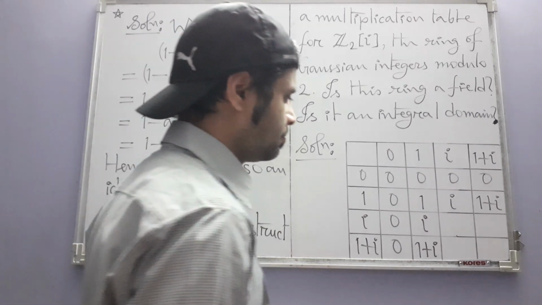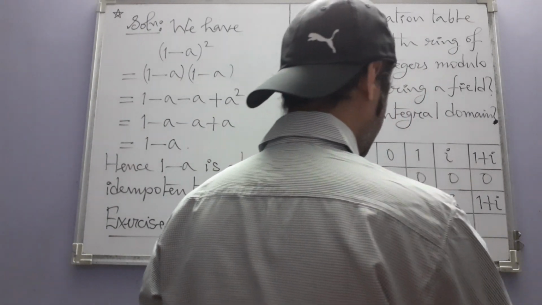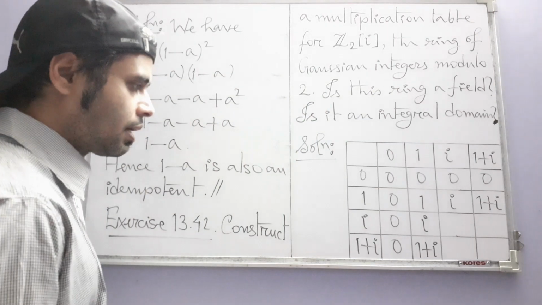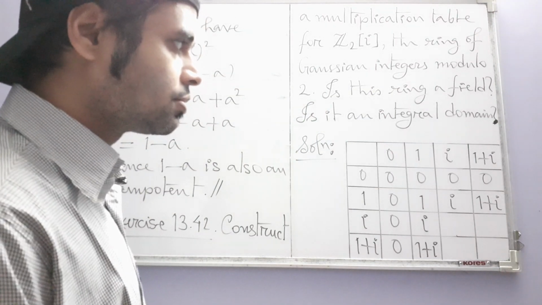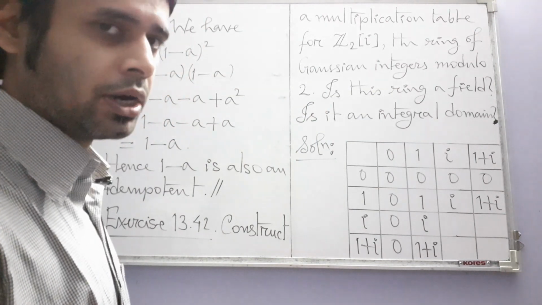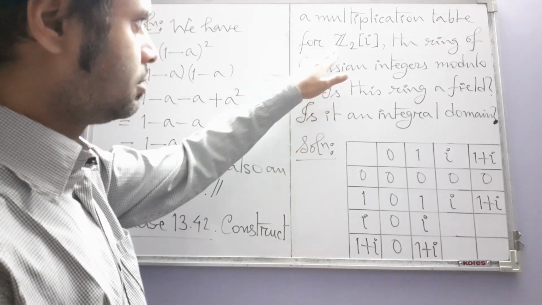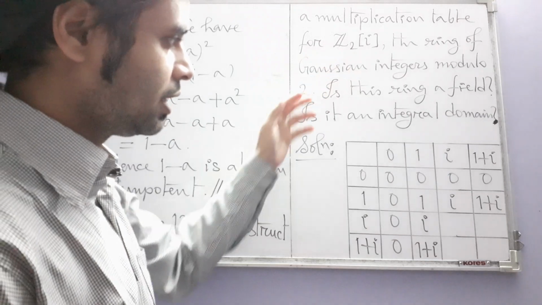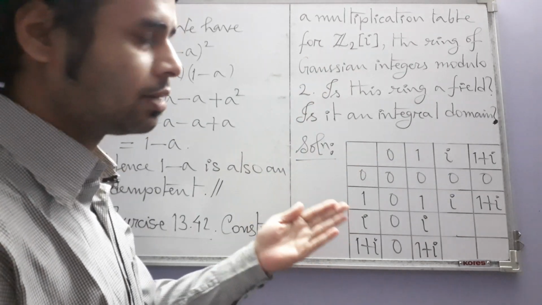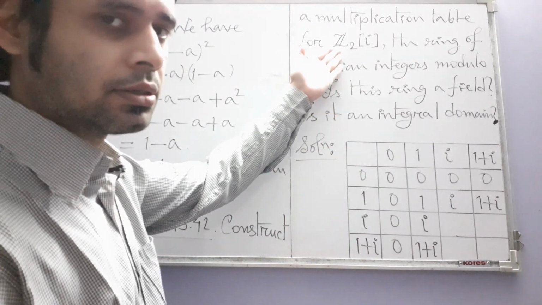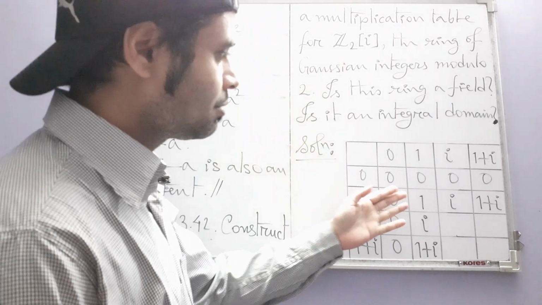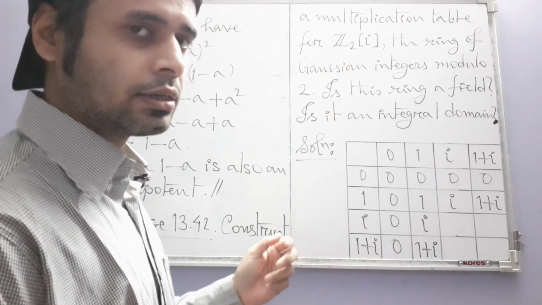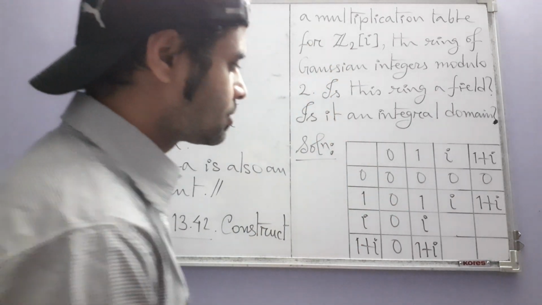Then i times i is i square. I square is going to give us minus 1, but in a plus bi we are having the elements a and b coming from Z2. So that minus 1 would be in Z2, and in Z2 minus 1 is plus 1.